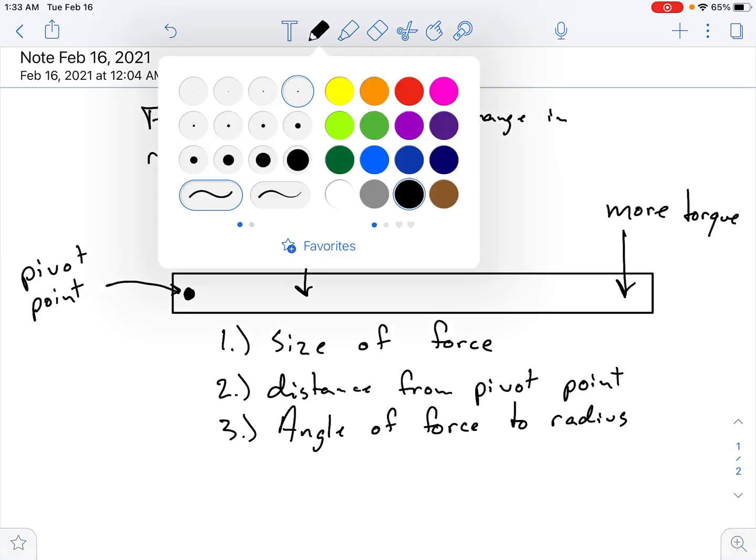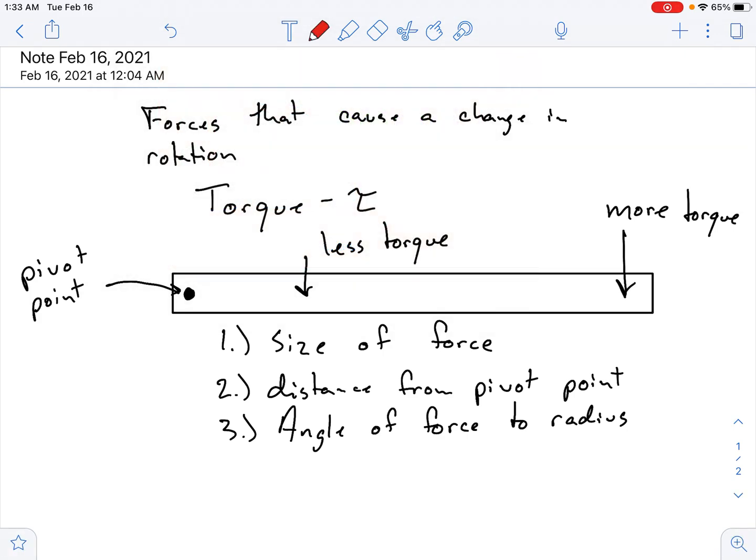For example, if I were to draw just a straight line going right through the center of this, that would be considered my radius. I'm going to get more torque pushing perpendicularly than I would if I was to, let's go a different color here, sorry, if I were to try to push at an angle. Right? I'm not going to get as much torque out of this.